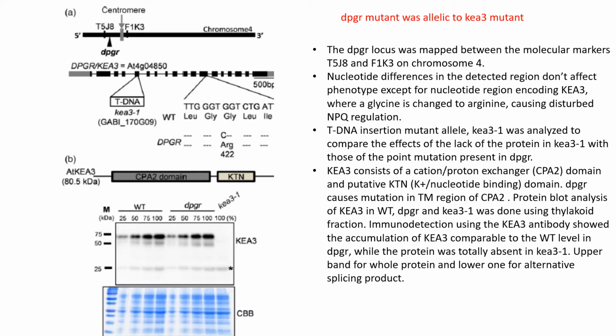The analysis of the resulting F2 plants showed that the DPGR locus was present within a 2910 kb region, which also included the centromere of chromosome 4, as you can see in the figure of the slide at the top.